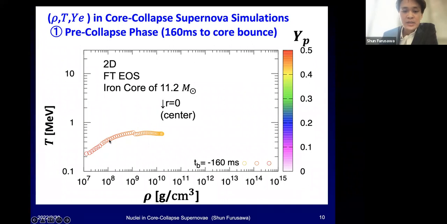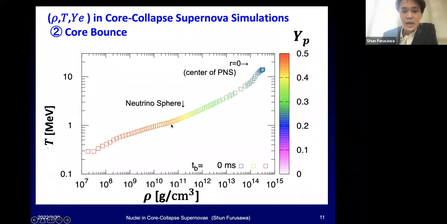Core collapse starts, and this is the bounce phase profile. Here is the center of the neutron star, where density and temperature are high. And here is the neutrino sphere.